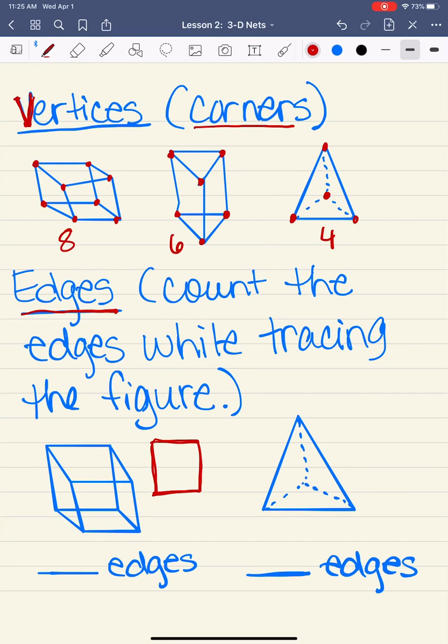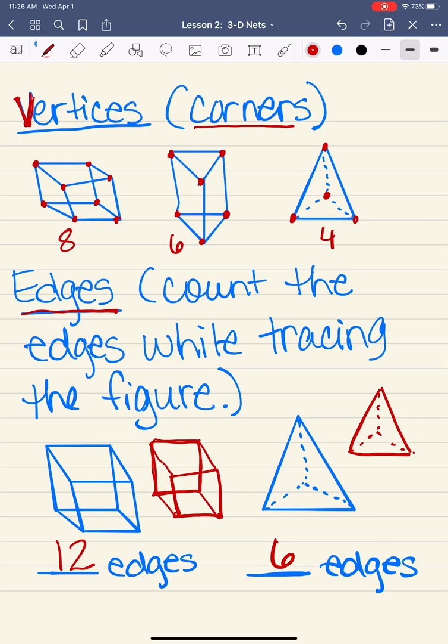Then we're going to make another square, so 5, 6, 7, 8, and then connect them. 9, 10, 11, 12. So 12 edges. On the next one, this would be pretty easy to draw as well. So remember the front, you've got your triangle, so there's 3 edges, and then 4, 5, 6.